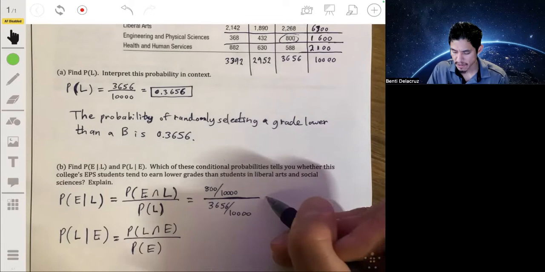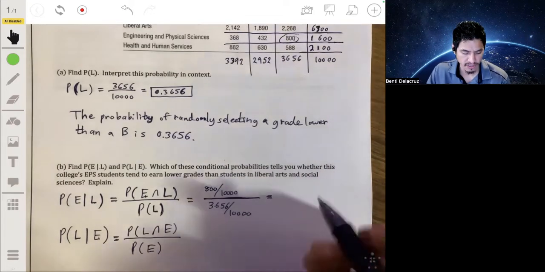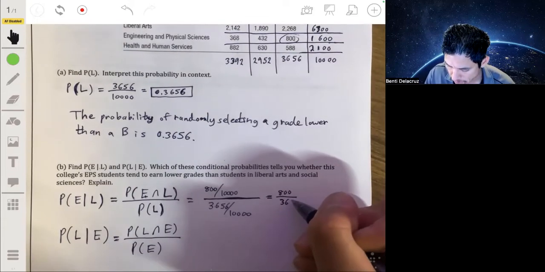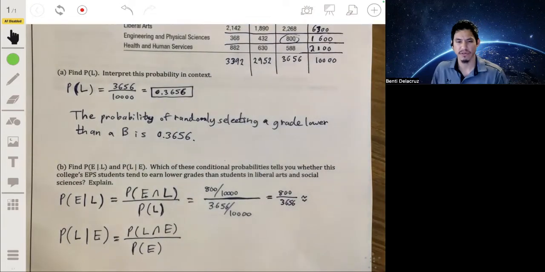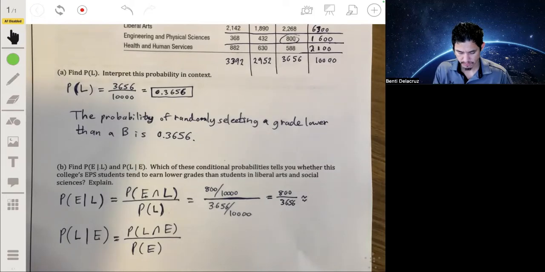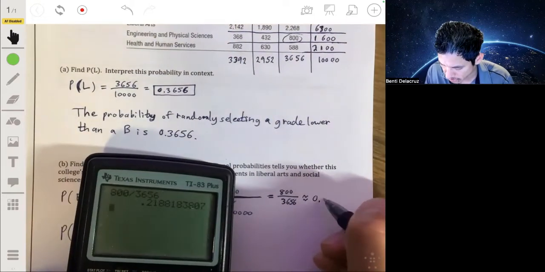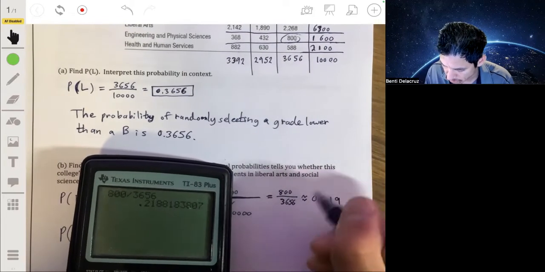Then we take this and we get 800 over 3656, because the 10,000s cancel each other out. And we get about 0.219.